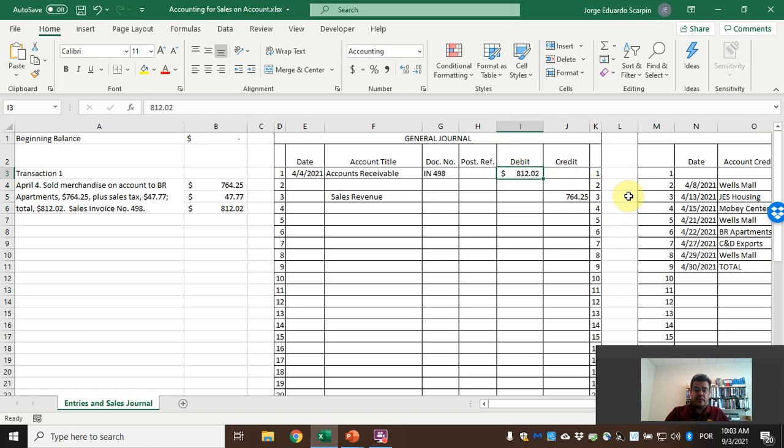So let's link these numbers, much prettier. How much do we need? 47. What is this credit? Sales tax expense?